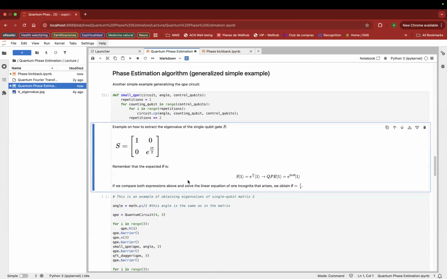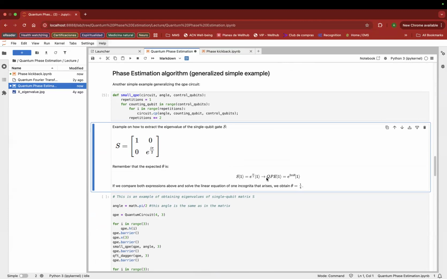Now, what we are going to do is extract theta, the phase of the S operator. So, see here, we apply the S operator, a single quantum gate, to the 1, because if we apply it to 0, that's nothing. And it includes a global phase. And now what we want is this phase.